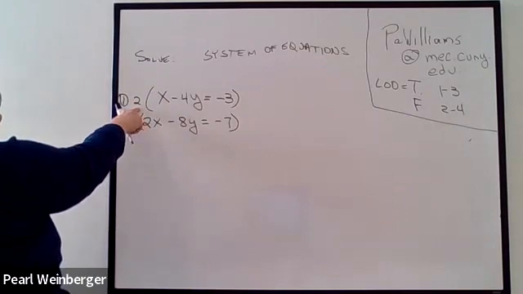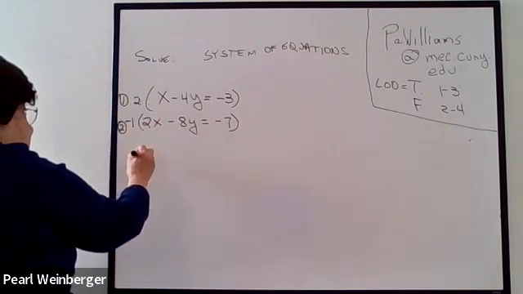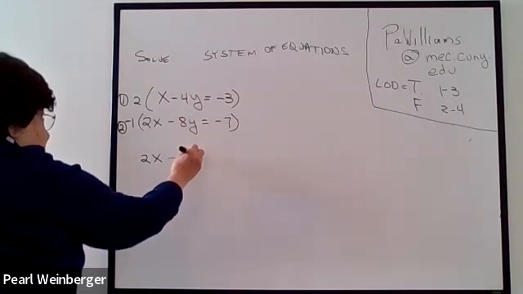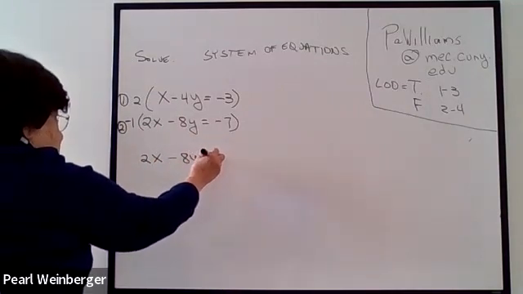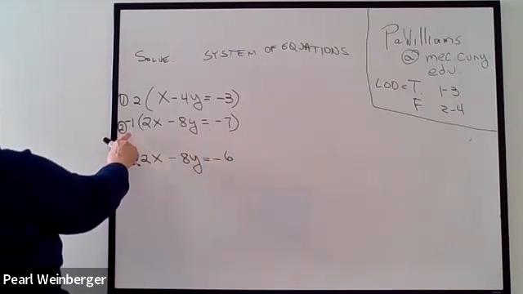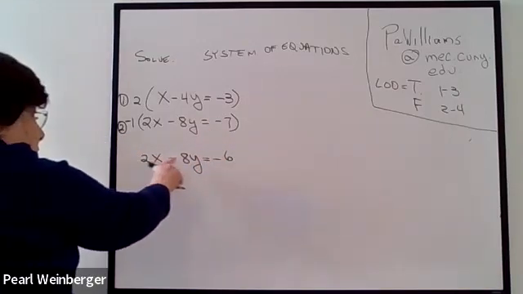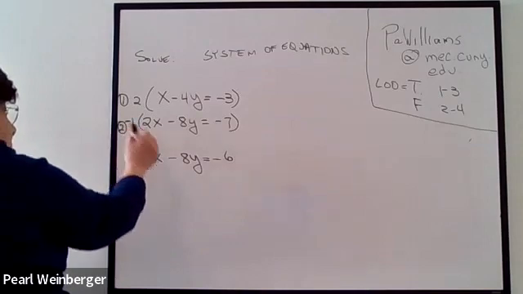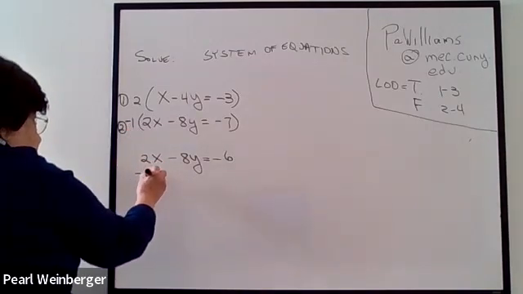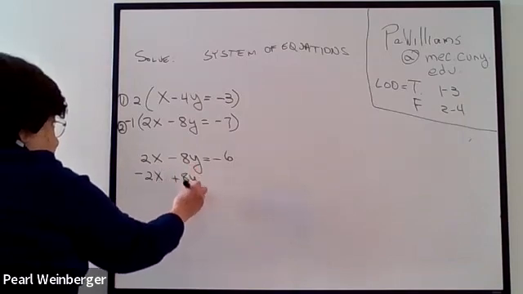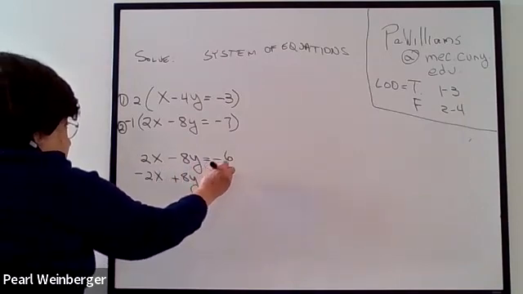So multiplying our first equation by 2, we're going to get 2x minus 8y equals -6. Remember to multiply everything. Our second equation is going to be, I'm multiplying by -1, -2x plus 8y equals +7.